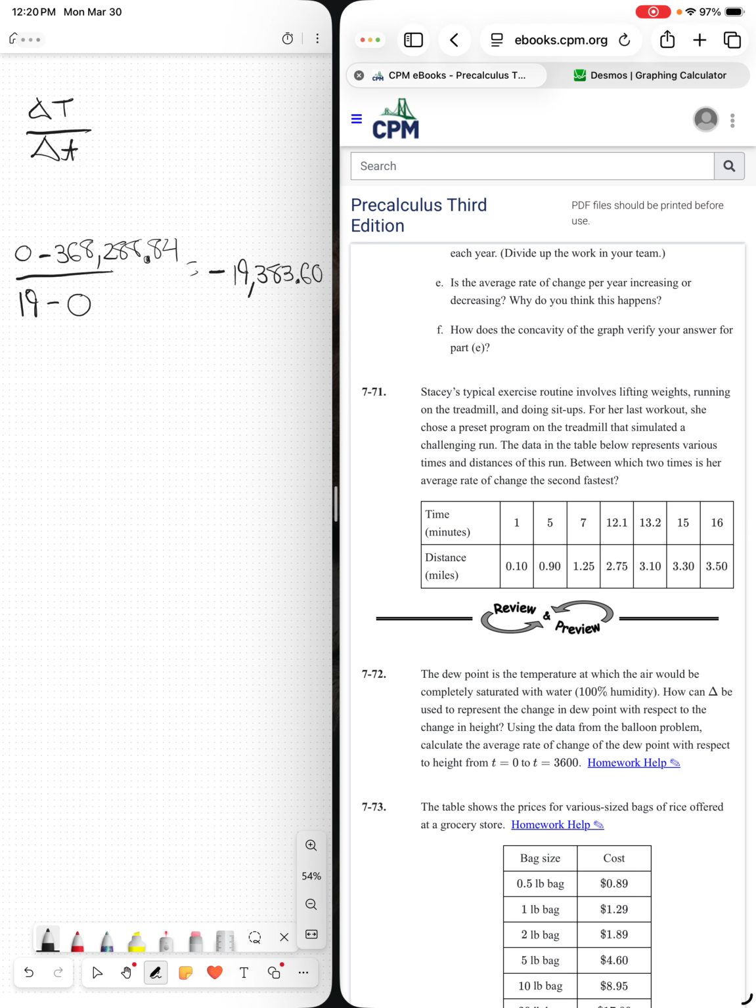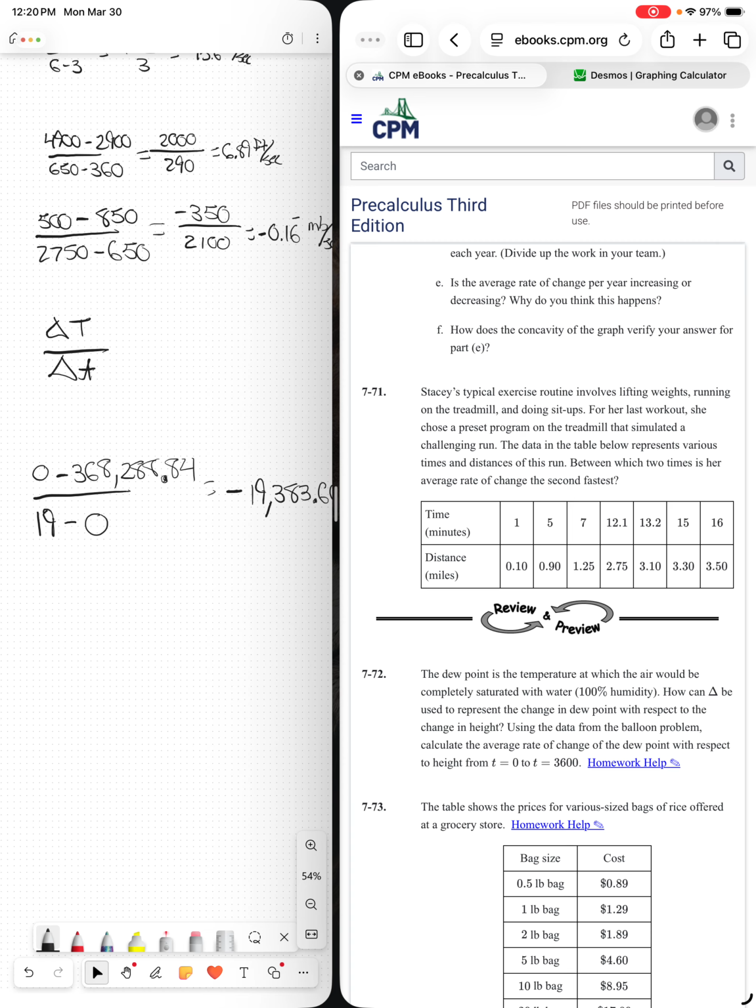Last one here. Stacy's typical exercise routine involves lifting weights, running, doing sit-ups. Her last workout, she chose a preset program. The data in the table represents various times and distances of the run. Between which two times is her average rate of change the second fastest? So here's what we're doing here. You're taking rates of change between each time, and then you're going to figure out not the fastest but the second fastest.